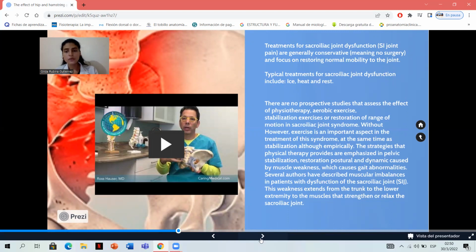Several authors have described muscular imbalance in patients with dysfunction of the sacroiliac joint. This weakness stems from the trunk to the lower extremity, to the muscles that strengthen or relax the sacroiliac joint.